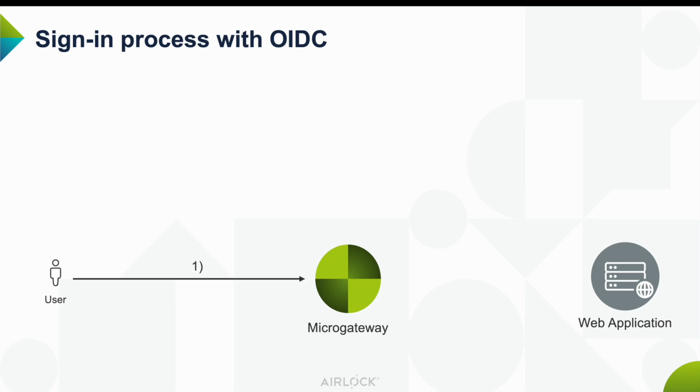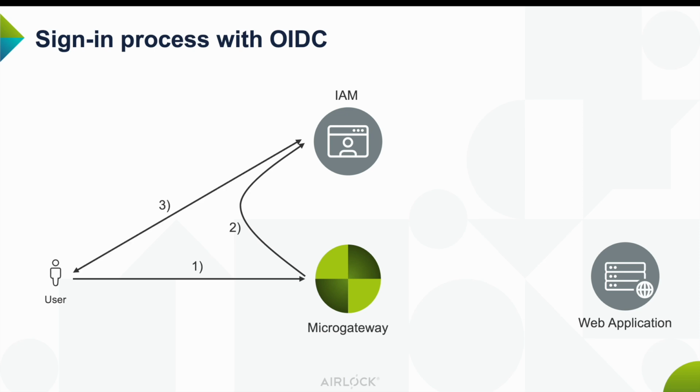First of all, we have a web application which is protected by Airlock Microgateway and the user tries to access it. Airlock Microgateway follows the OIDC protocol and redirects the user to an IAM. The IAM shows a login form and authenticates the user.